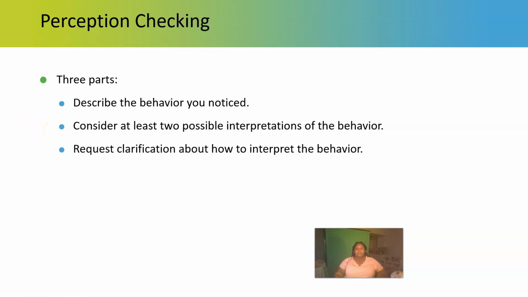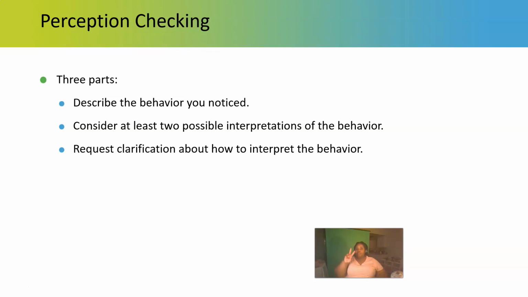Then next, consider at least two possible interpretations for the behavior. Sometimes you might get mad because this person said this or did this, and we just jump to conclusions or go down the rabbit hole of being mad about somebody. But when you feel the tendency to do that, and I talk to myself as well, step back and ask, hey, why did they do that?